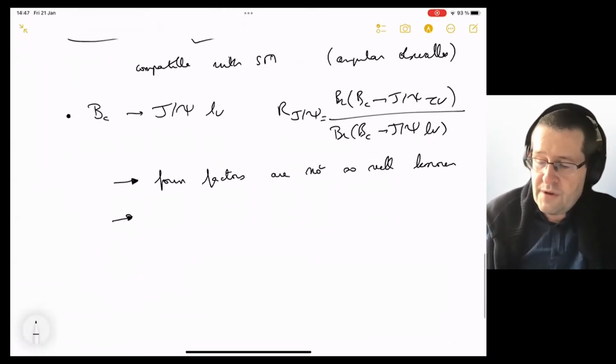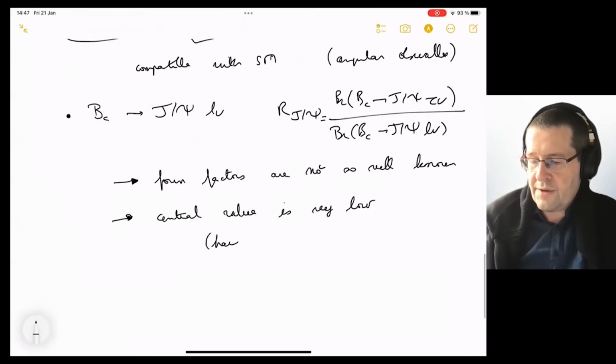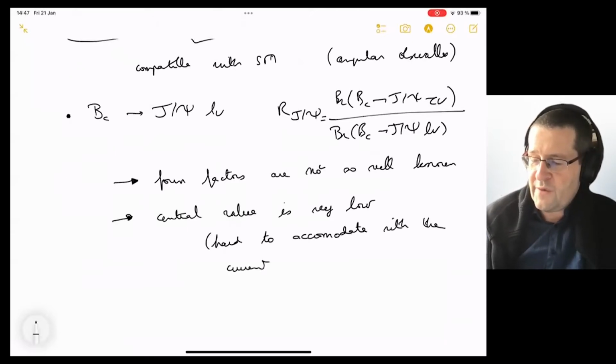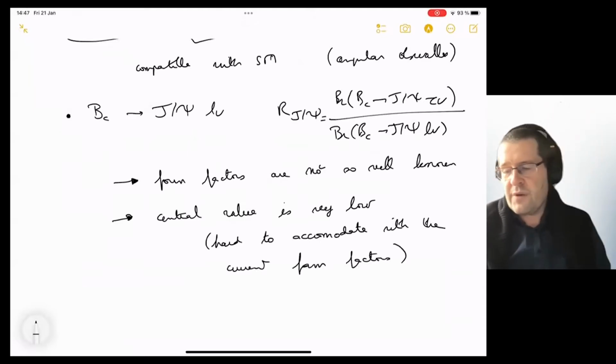But the second point is that the central value is actually very low, so hard to accommodate with the current form factors. So I'm not going to spend too much time here.